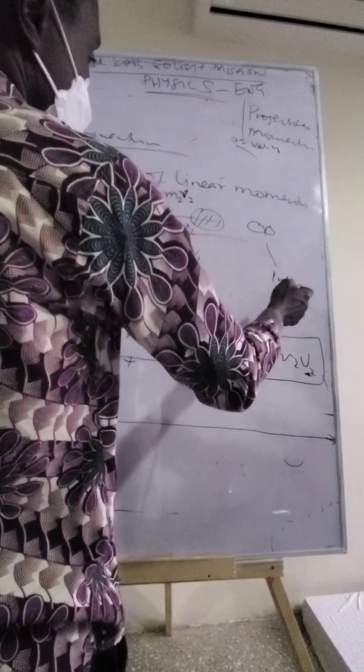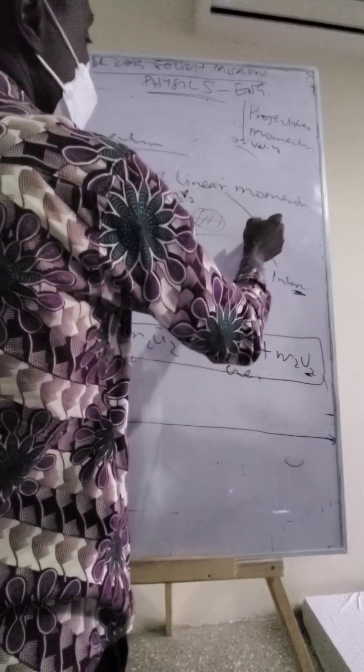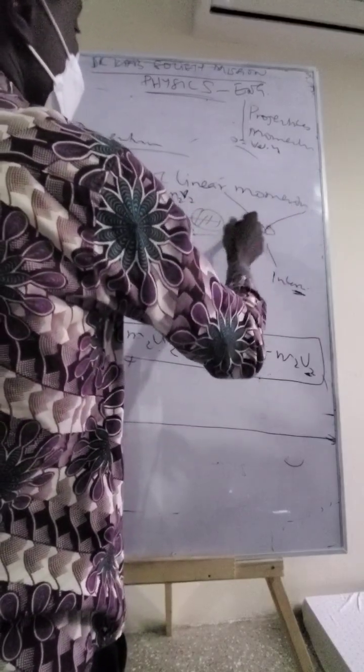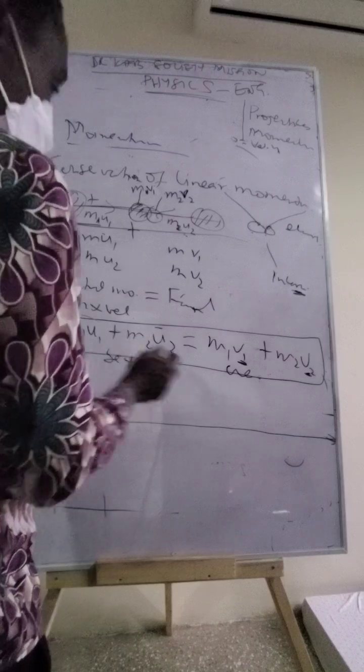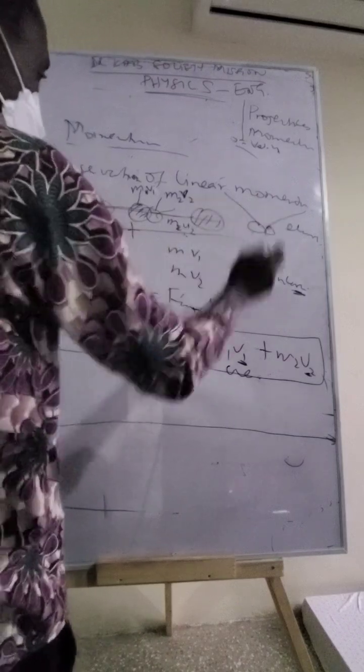Then that is an inelastic collision. Now, if they hit and then exchange velocities, the same energy before is what is there afterwards. Then that becomes an elastic kind of collision. But momentum is conserved in both.